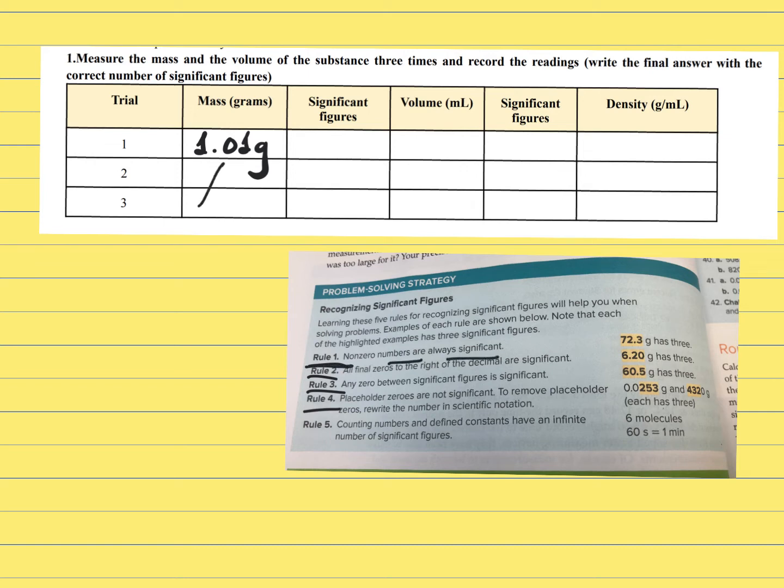And look at the mass that you have. You were using the digital balance, and when you were measuring the mass of the water in the beaker, that was the number that you got. Any zero that is between 2 significant figures is significant, meaning that in that measurement you have 3 significant figures. See how you're applying the rules?